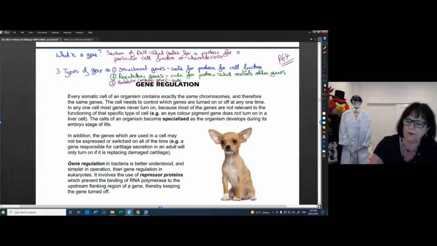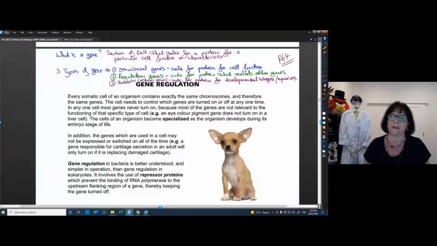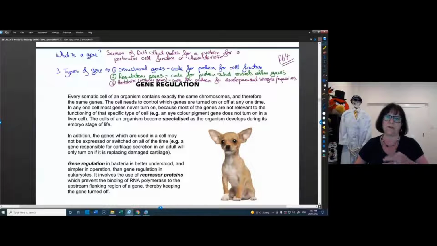And they code for proteins, which is what all genes do, for development of the embryo and of the species. So when you talk about evolution and species and all that, it's this third class of genes that have altered to make the different species.